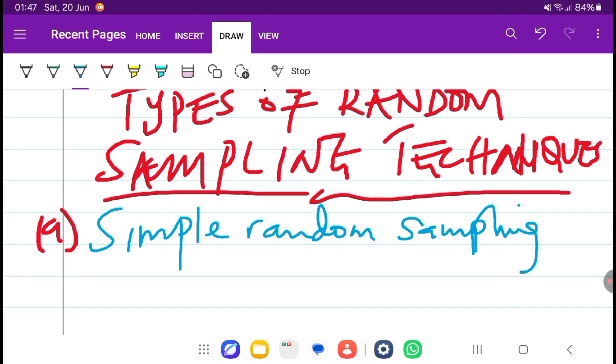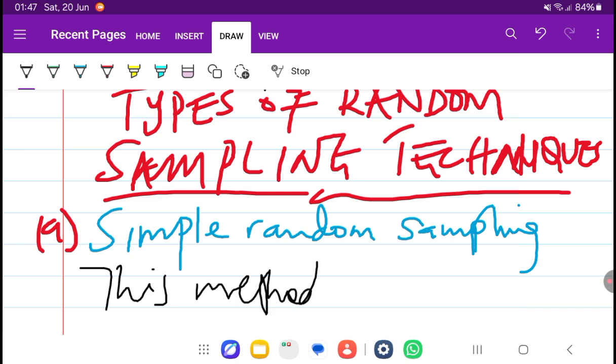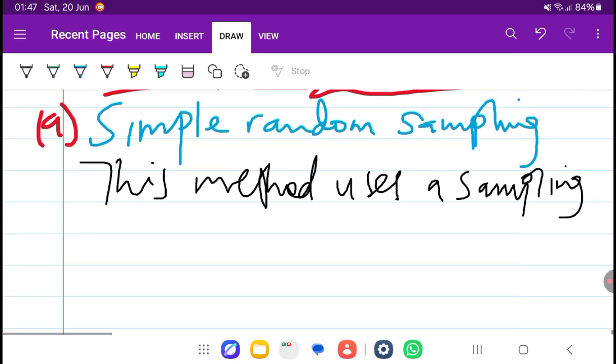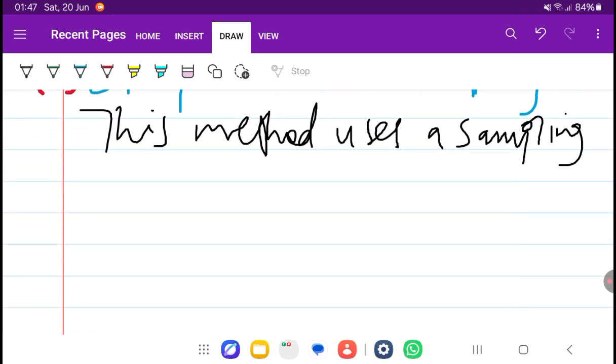So, of course, maybe you can have some examples. We've said that this method uses a sampling frame. We said the sampling frame is just a list of all the items that are going to be part of the population.